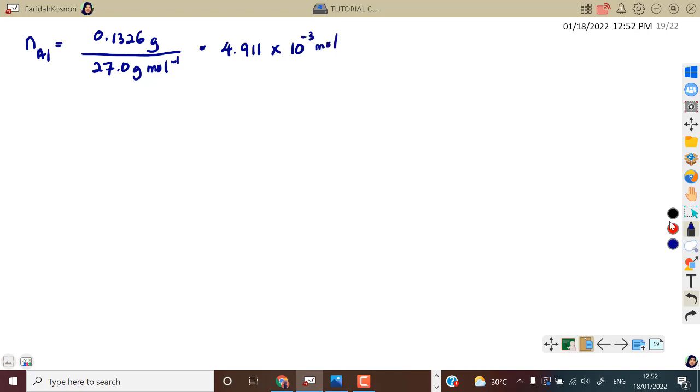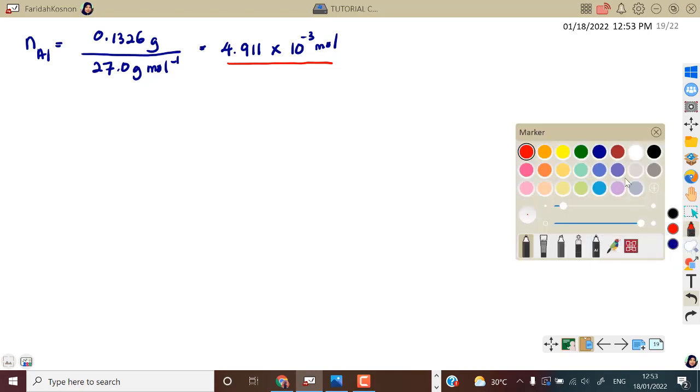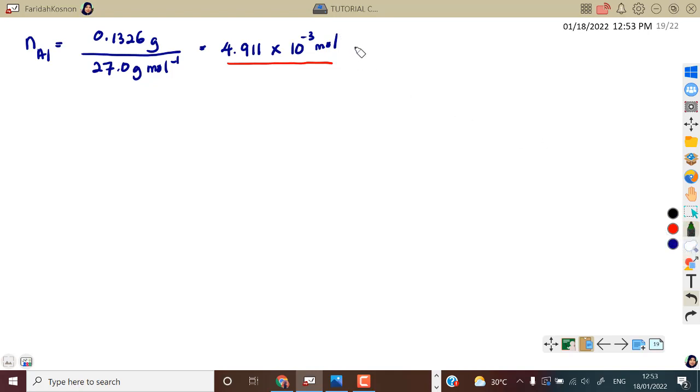Okay, so yang 0.1326 tadi, gram tu adalah bersamaan dengan banyak ini. So, 4.911 darab 10 negatif 3 mol. 4.911 darab 10 kuasa negatif 3 mol ini, dia release sebanyak berapa? Itulah yang Q reaction tu. Jadi kat sini kita buat perkaitan matematik, stoichiometrical relationship.